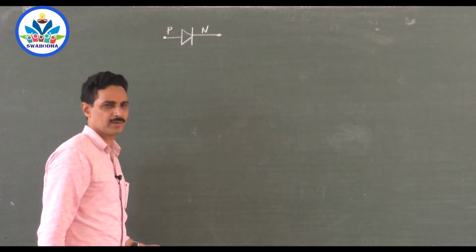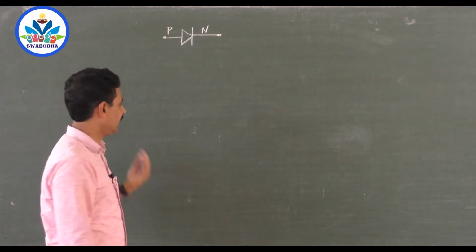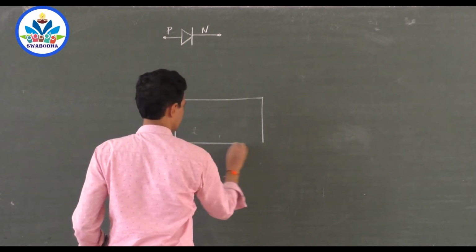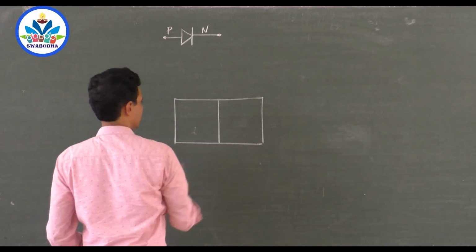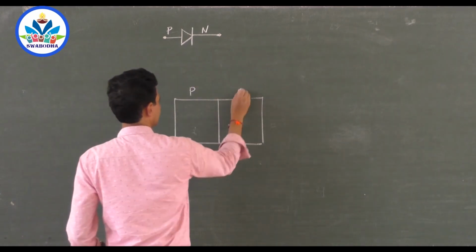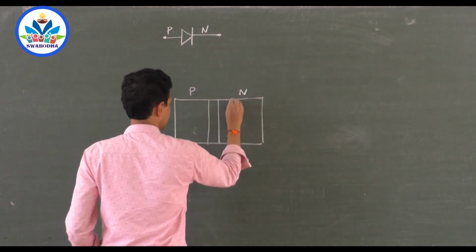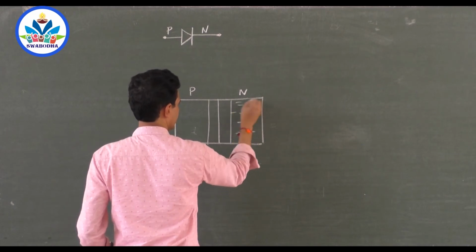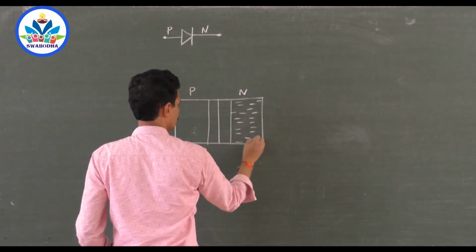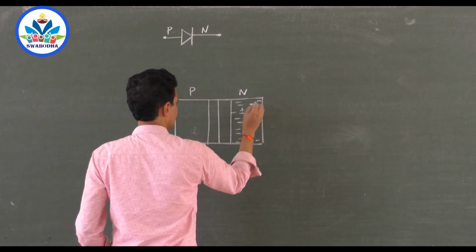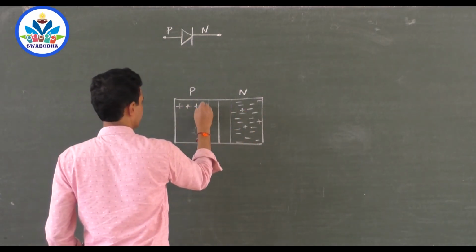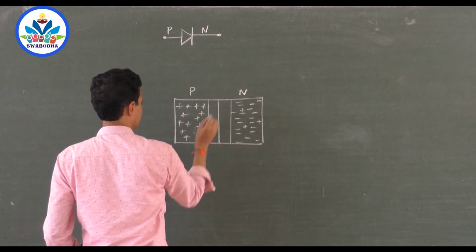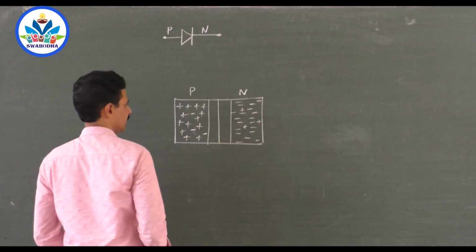Now, what do you mean by forward bias and what do you mean by reverse bias? I'll take a diode, a PN junction. This is the P side, this is the N side, and you know that here electrons are the majority carriers, with very few holes, and here holes are the majority carriers, with very few electrons.